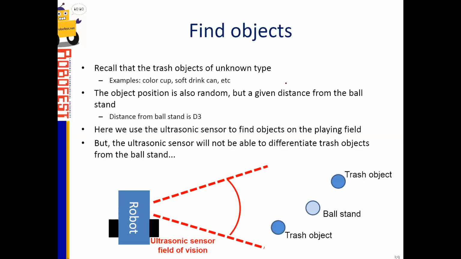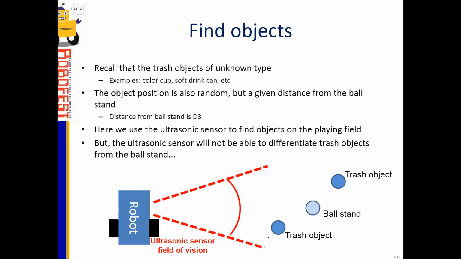So we have an ultrasonic sensor on the side of our robot. It sends out a sound pulse and listens for echoes to come back from objects. From those echoes, it tells you, yes, there's an object within the distance I'm searching for, and it can even tell you how far away that object is.